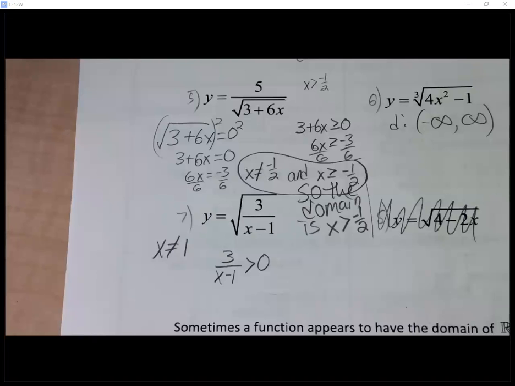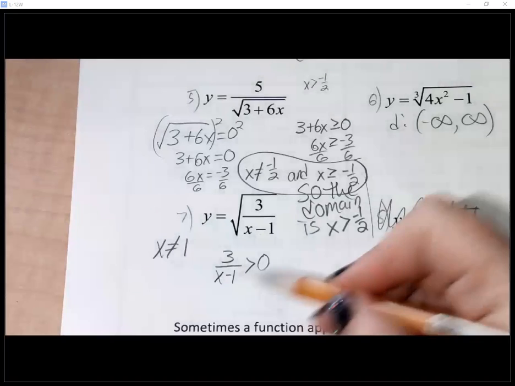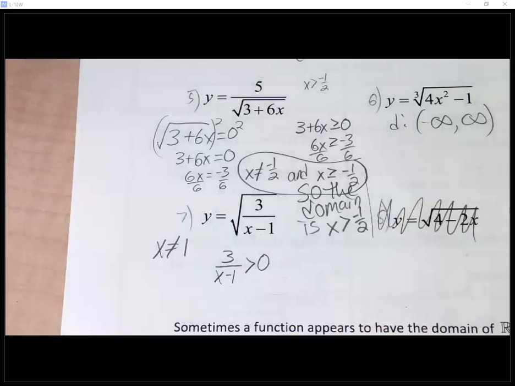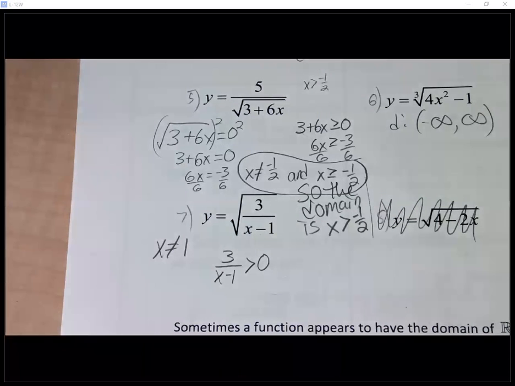No. So that's always your first instinct, right? You're like, let's get rid of the fraction. So if you do that though, the problem is I don't know what X is. And if I multiply both sides by a negative, I got to flip the sign over, right? I don't know if it's positive or negative. I have no idea. And if I do that, then I don't even have an X anymore. I just end up with something that says 3 is greater than 0, and I have nowhere to go.